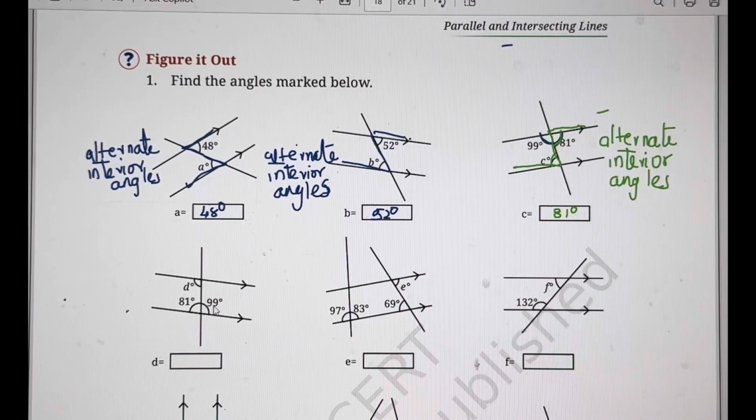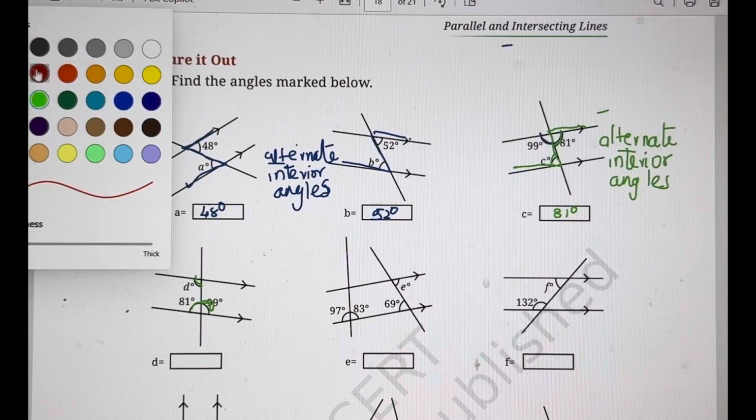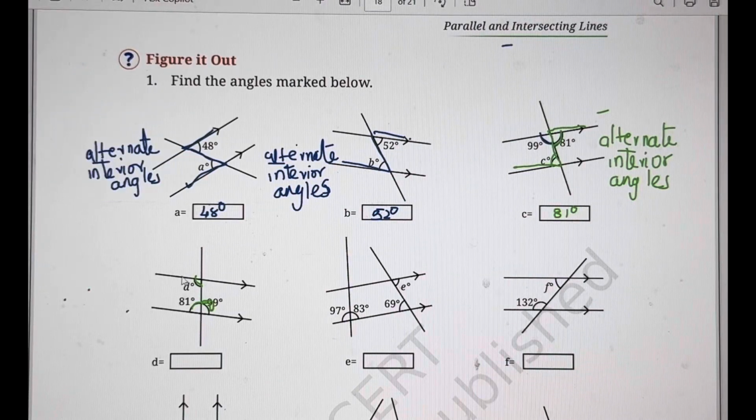Okay. Let us see the next question, D. Here they have asked D. This side is 81. This is 99. Now if we see 99 and D, they are forming a Z again. See the various orientations of Z. Don't just identify Z as the Z we write as a letter.